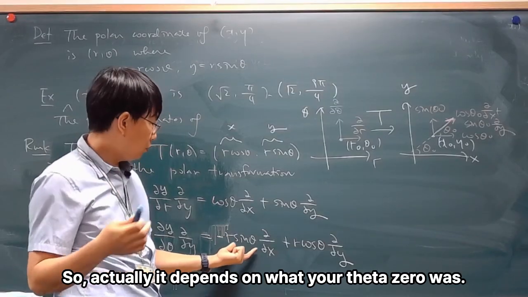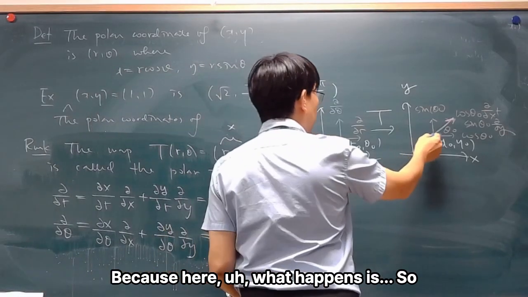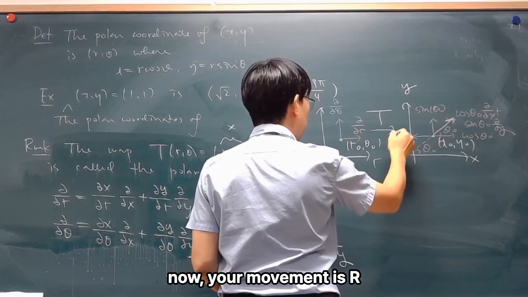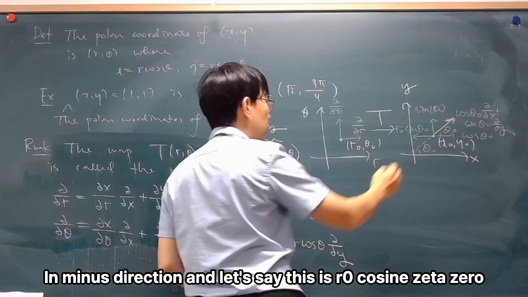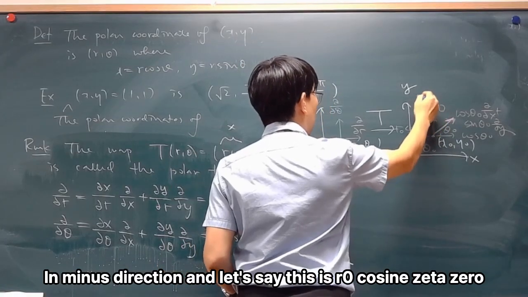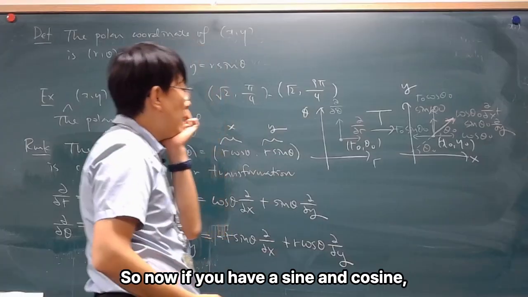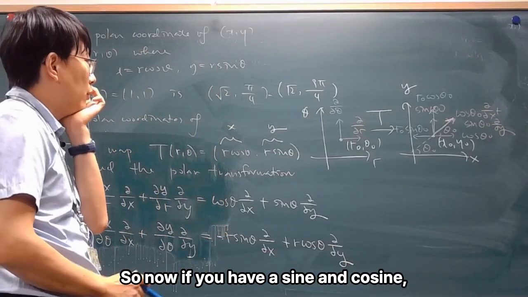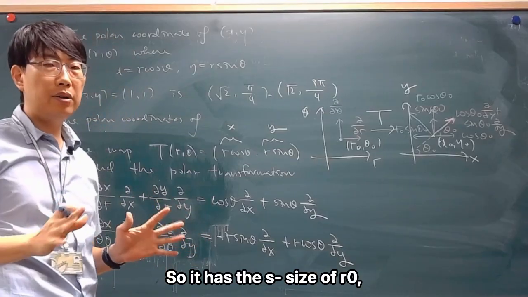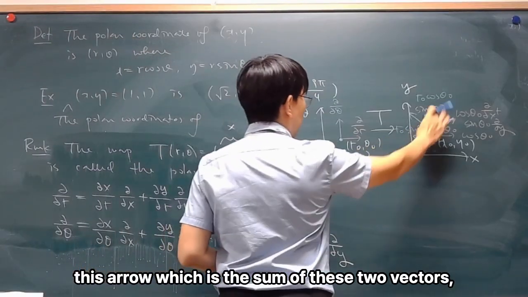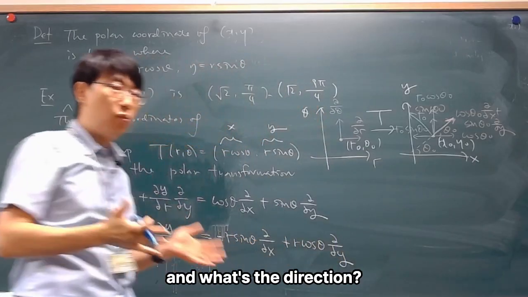So actually it depends on what your theta 0 was, because here what happens is, now your movement is r0 sine theta 0 in the minus direction, and let's say this is r0 cosine theta 0 here, right? So now, if you have a sine and cosine, what does the direction mean? It has the size of r0. This arrow, which is the sum of these two vectors, has length r0. And what's the direction?